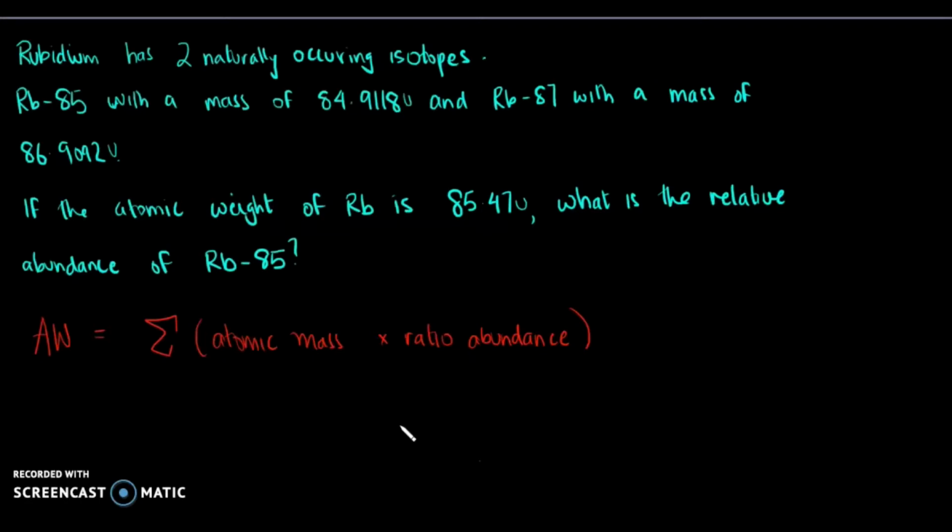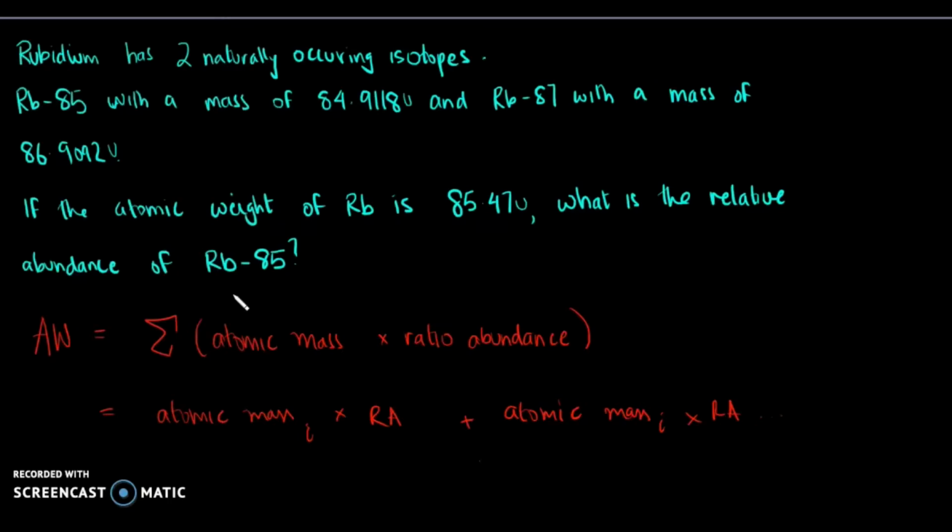We know that the average atomic weight of an element equals the sum of the atomic mass of an isotope times its ratio abundance. What this basically means is that it is the atomic mass of the first isotope times its ratio abundance plus the atomic mass of the second isotope times its ratio abundance, and this can keep going depending on how many isotopes you have.